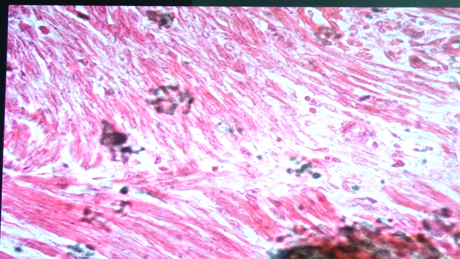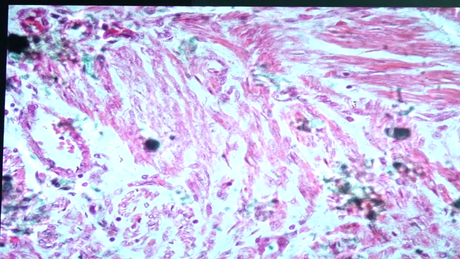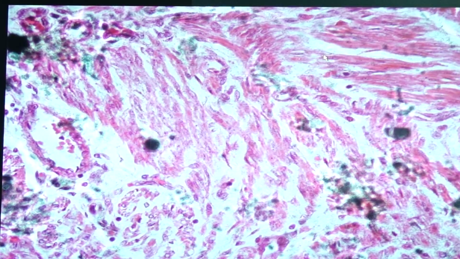As you can see, they're composed of fibers that have elongated nuclei, bland nuclei at that. They do not exhibit nuclear atypia, which is very important to differentiate it from Leiomyosarcoma.